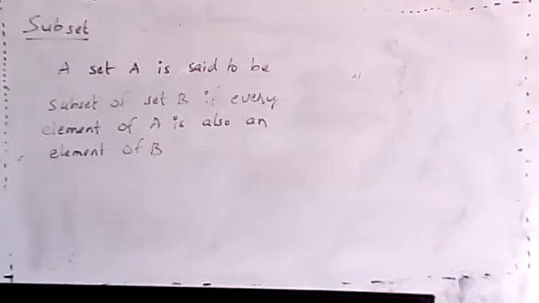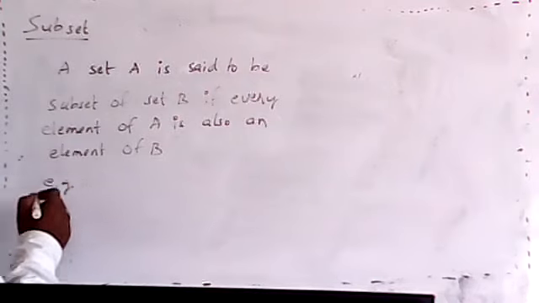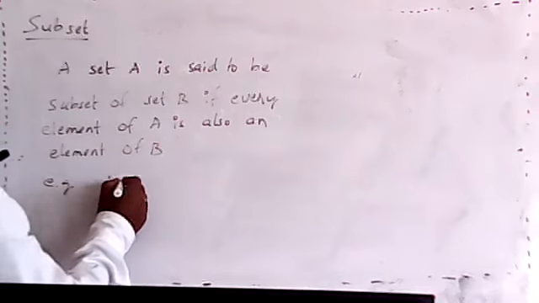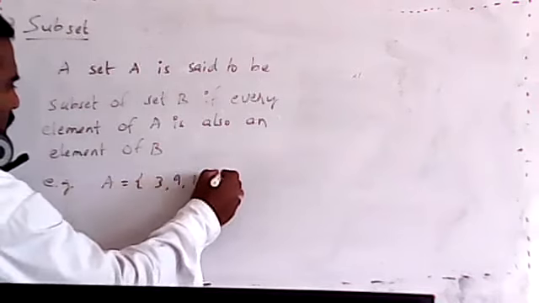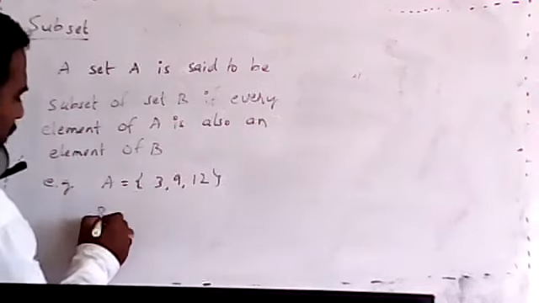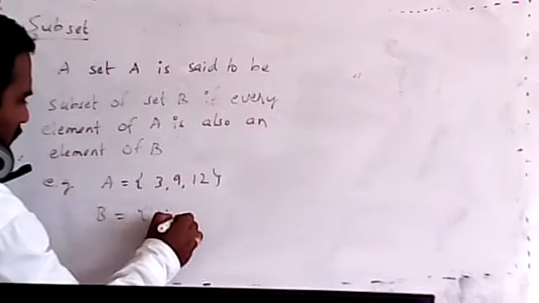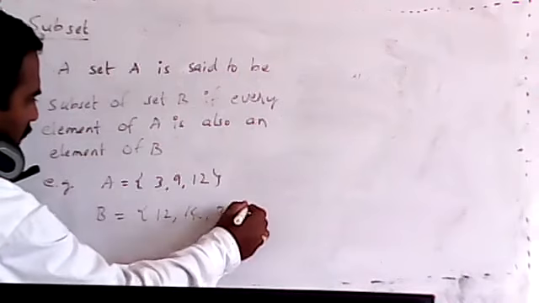Okay, if you take what two sets now, A and B, for example, take now. A having some elements 3, 9, 12. B is also having some other elements, say 12, 14, 3, 9, 5.